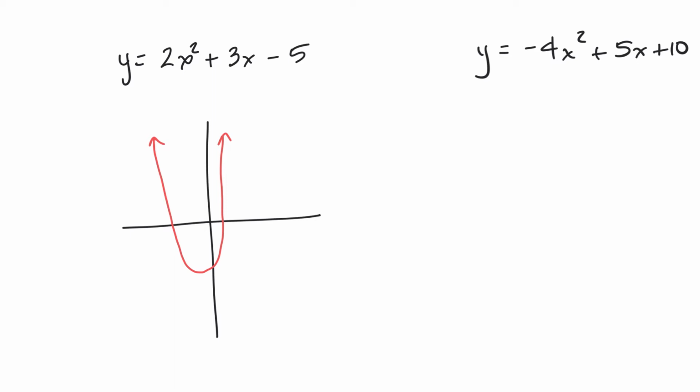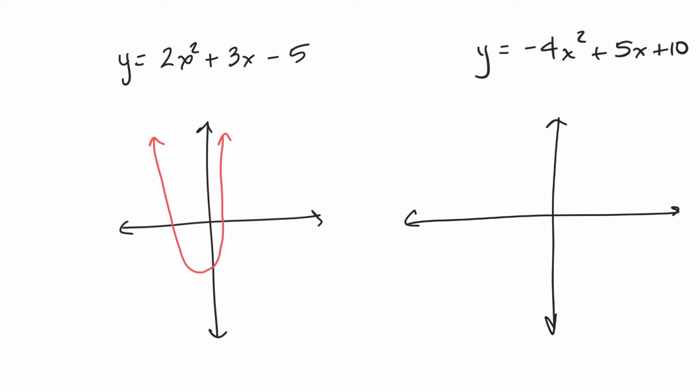And then if we graphed the other one, this one here, it's going to look something like this. Okay, and what you notice right away is this one opens up, right? So if you dumped water in here, it would hold water. And this one opens down, and so if you put water in it, water would fall out.